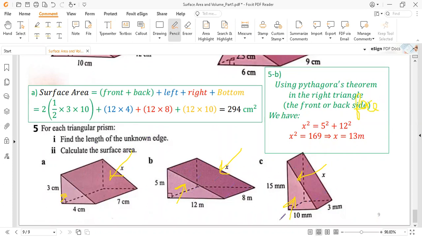So we can use the Pythagorean theorem, where the hypotenuse squared, the hypotenuse being the side opposite the 90 degrees, here is x squared, because the hypotenuse is x. So x squared equals the sum of the squares of the lengths of the other sides of the same triangle.